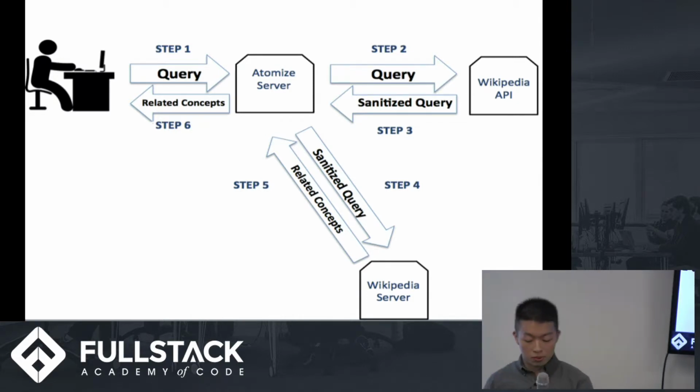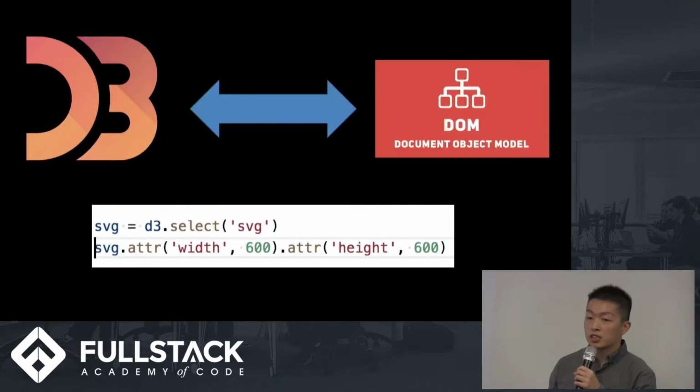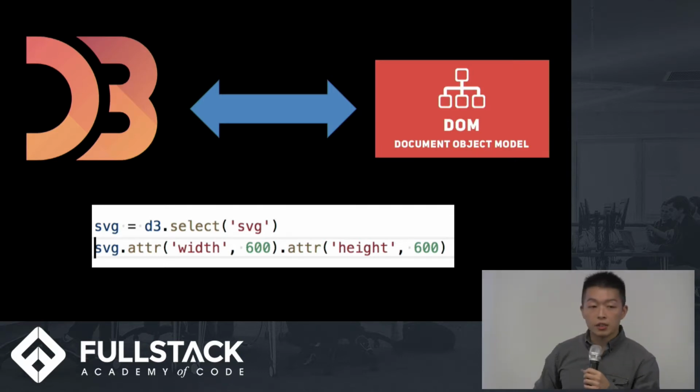Thanks, Truman. So our application on the front end utilizes React, D3, Redux, and CSS for styling. First, I'm going to talk about D3. D3 is a JavaScript library that allows you to take data sets and create visualizations from it. So for example, a force graph, which is what we built, or a bar graph or whatever.